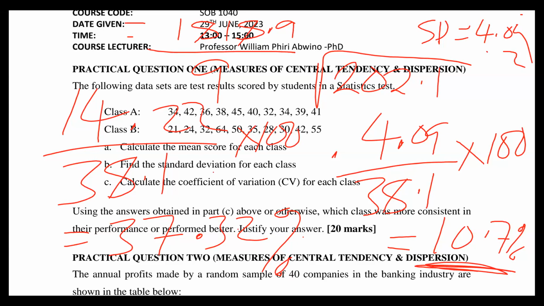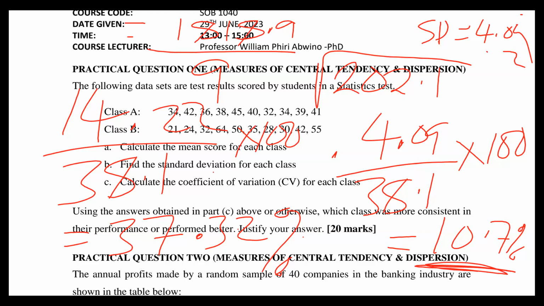The coefficient of variation measures the level of variability around the mean. It gives us how far the individual scores revolve around the mean. The higher the coefficient of variation, the greater the level of dispersion around the mean.